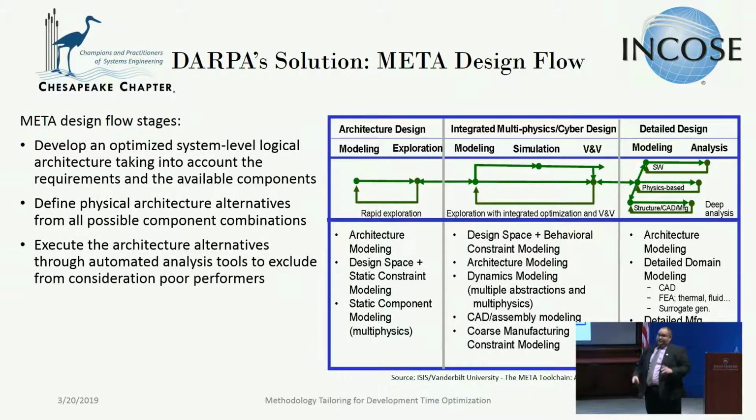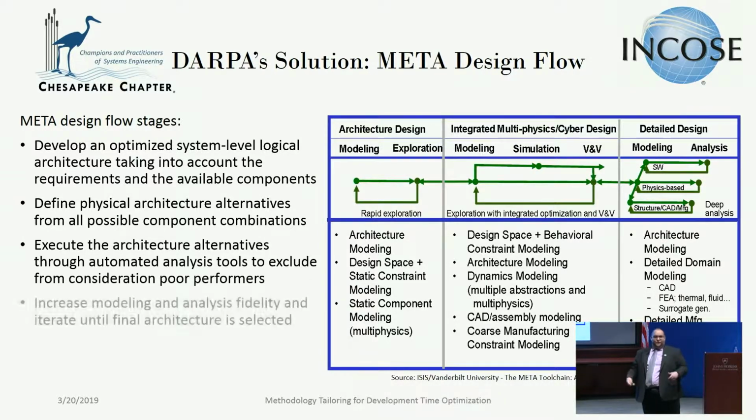And then after that, you would take all of those architectures in a software tool and start running analysis on them. You would start with very low fidelity analysis, even just requirements-based checks, like this combination of components exceeds the weight of this subsystem, so they can't be together. And then you would continue to iterate, refining the fidelity of your models, and at the same time, reducing the number of alternatives.